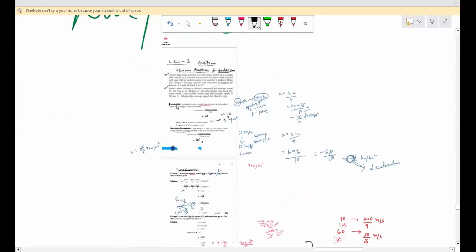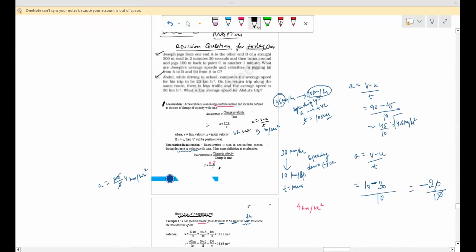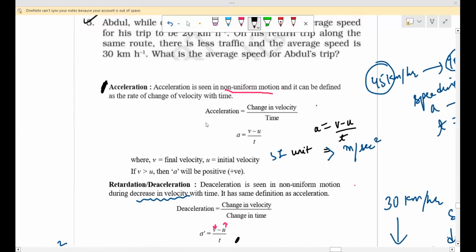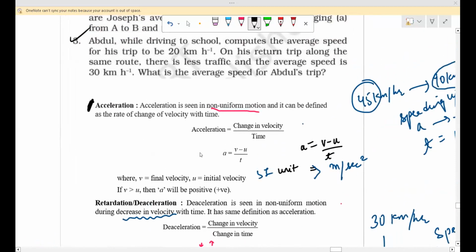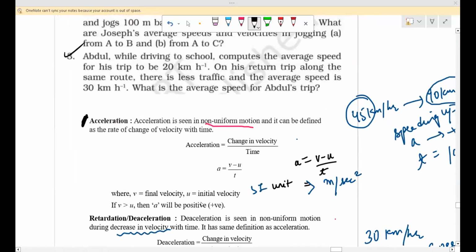Okay. So now we're gonna start with acceleration. Put the new heading acceleration. Okay, Bethel, written? Yes, ma'am. Okay, so now write this one.